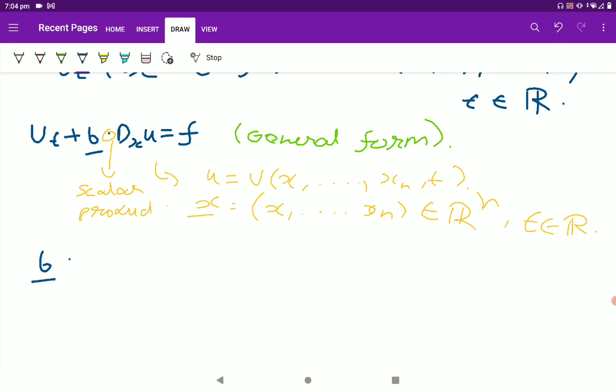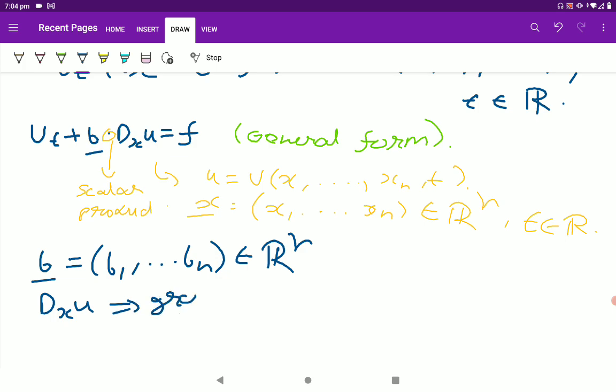Here b is the given vector, which can be b1 through bn, an element of the n-dimensional Euclidean space. And this term, D_x u, is the gradient of u with respect to the variable x.